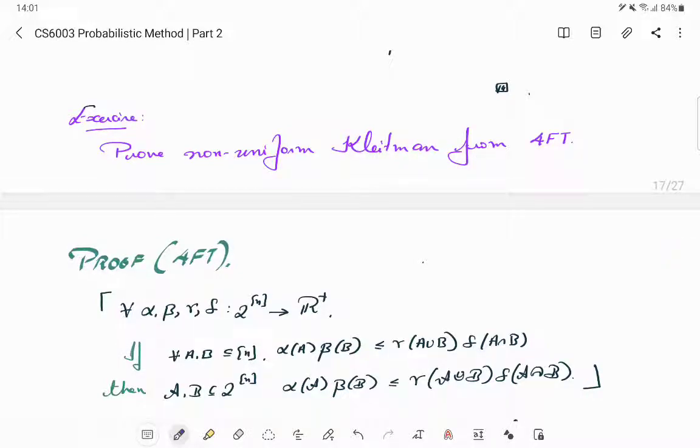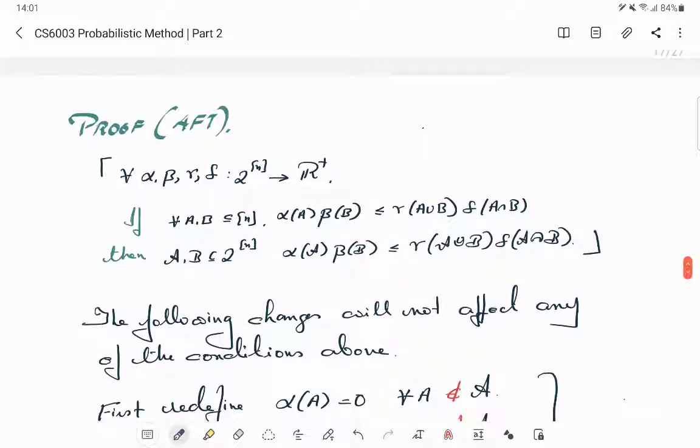Okay, so that's 20 minutes. Maybe we will take another 40 minutes to prove the 4 functions theorem. So in so many symbols, this is what it means.